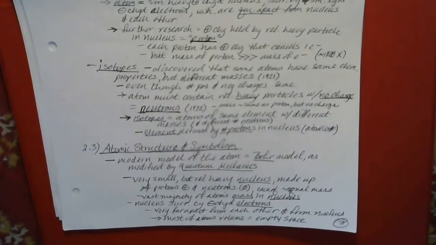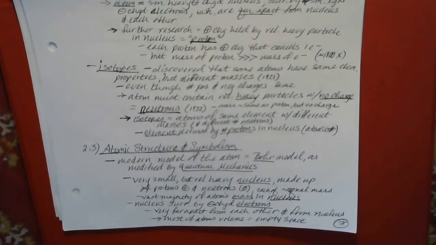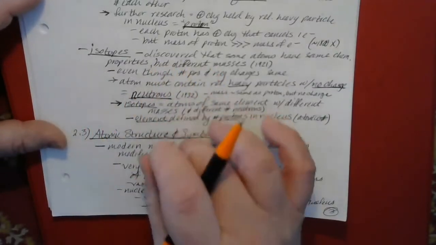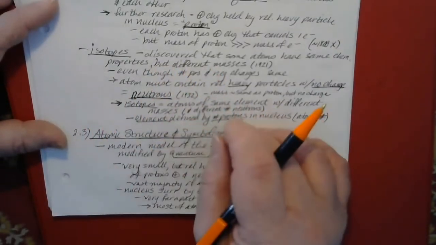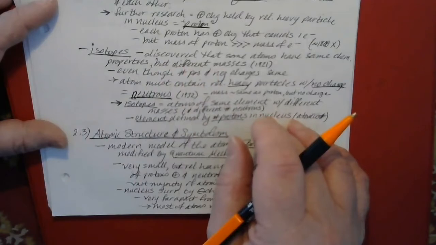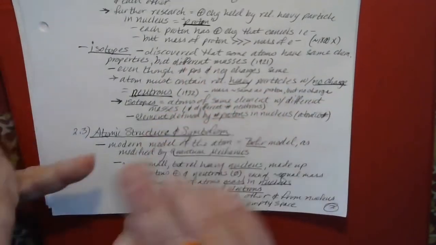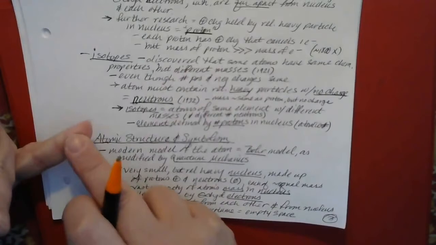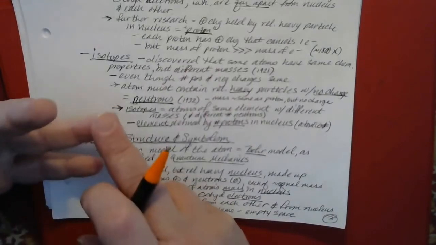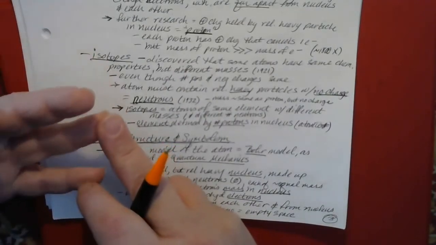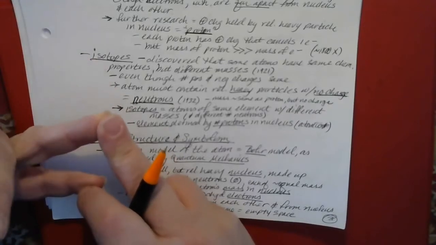Further research led to the discovery of isotopes. And it was in 1921 that it was discovered that it's possible to have atoms of the same element that have different masses. So atoms of the same element mean same number of protons, because that's how you define an element, and same number of electrons, because if it didn't have the same number of electrons as protons, then it would have a charge.